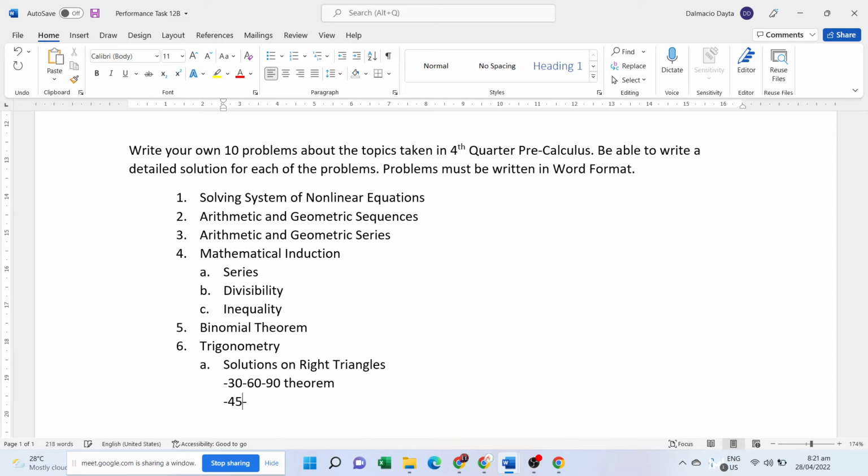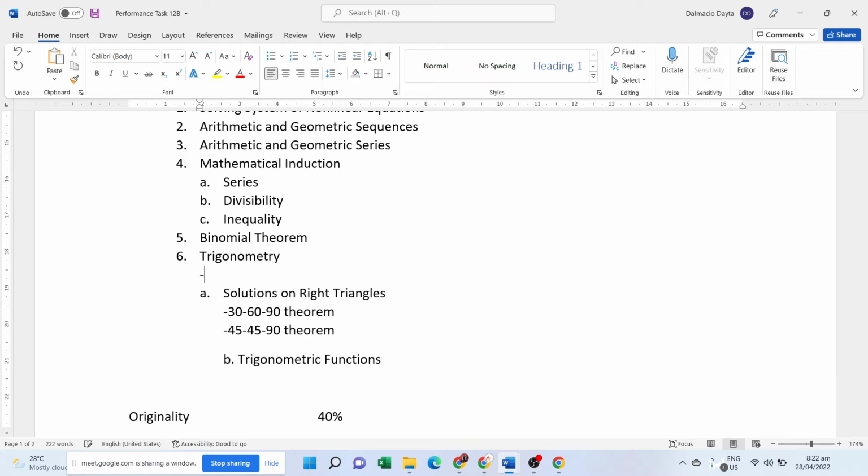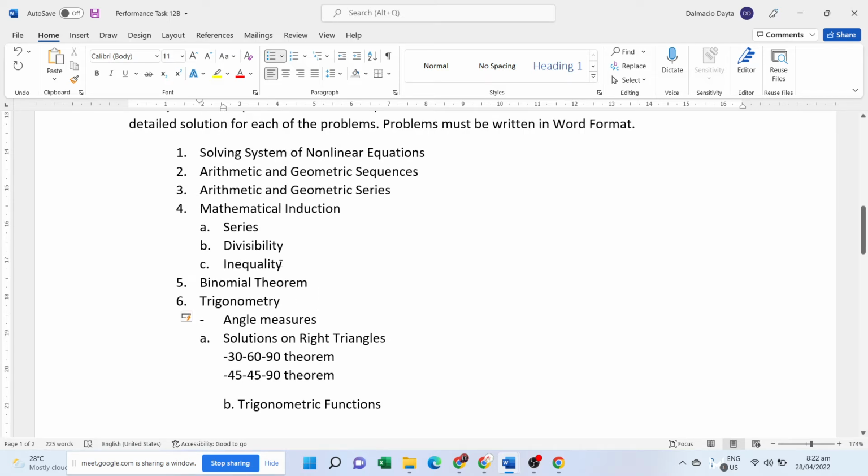Also the 45, 45, 90-degree triangle theorem. These are the special angles. And then we'll have trigonometric functions, everything about trigonometric functions. But of course, under trigonometry, we will also take up angle measures. So, those are the remaining topics.